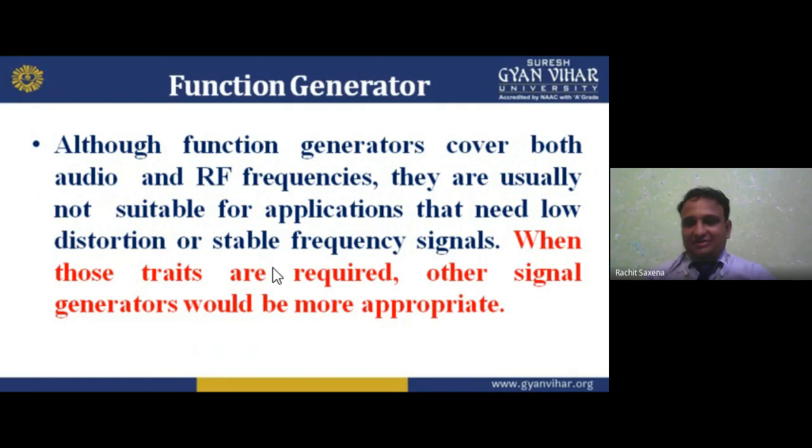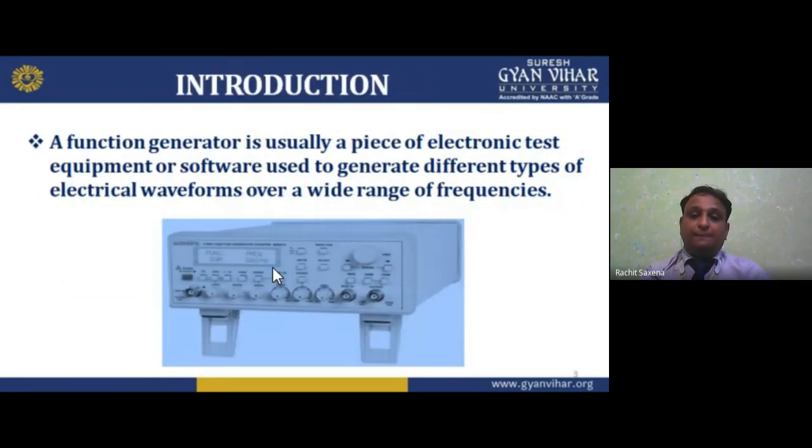So for this, we use other signal generators. A function generator is usually a piece of electronic test equipment or software used to generate different types of electrical waveforms over a wide range of frequencies.